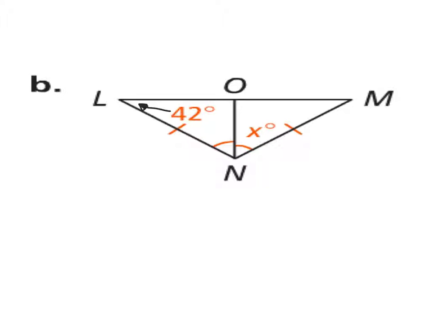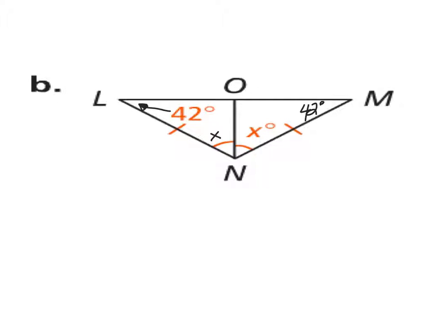So I know that if the top left is 42, this one is 42. And if those are 42, I know that this one right here is x because those have the same markings. So what I can do now is use the big triangle, not the little ones.